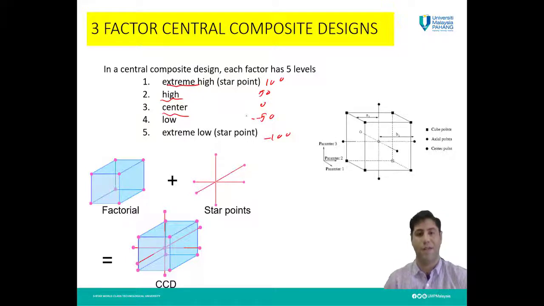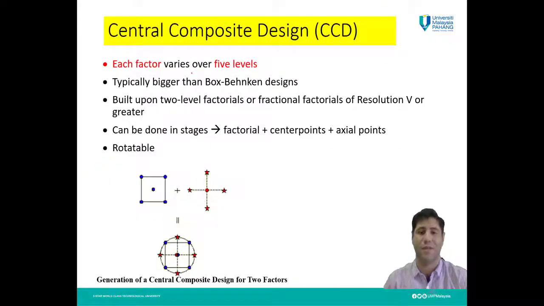So in this design, we have at least 5 levels for each factor. This design is usually bigger than Box-Behnken designs, where, as we will see later, we have 3 levels for each factor. Here we have at least 5 levels.